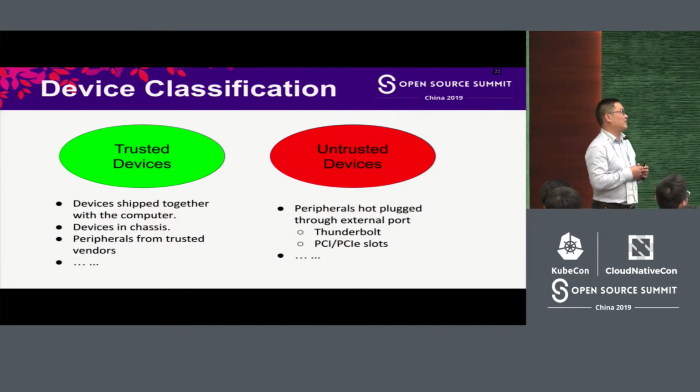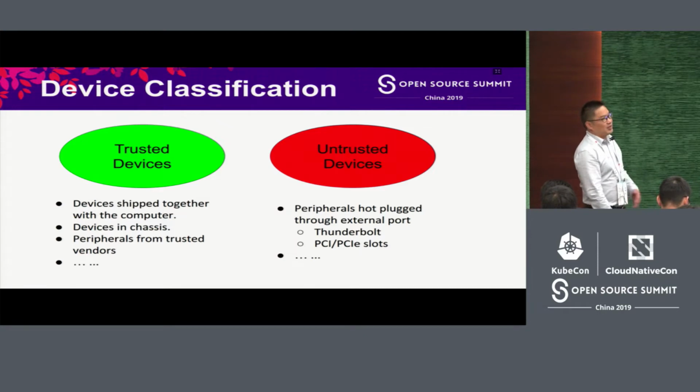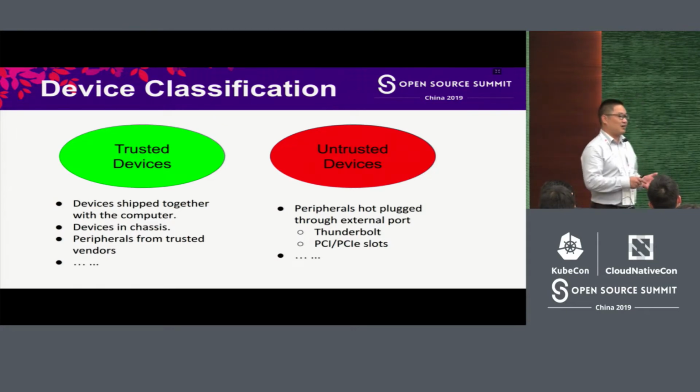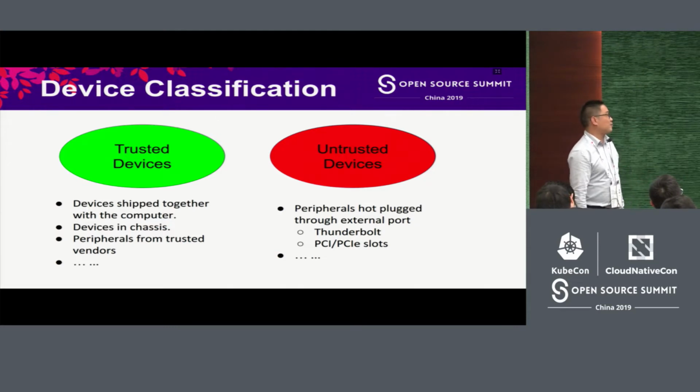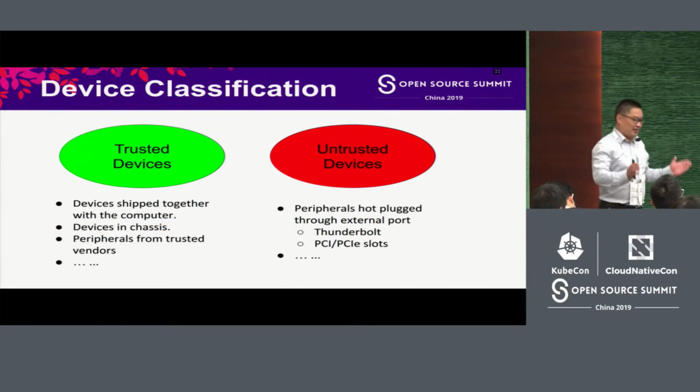One, trusted device, secure device. Generally speaking, if this is from your vendor or we put it in the cabinet, then it's trustworthy. And if we do hot plug to it, or if we have PCIe to it, FireWire for example, then we think it's not trustworthy.